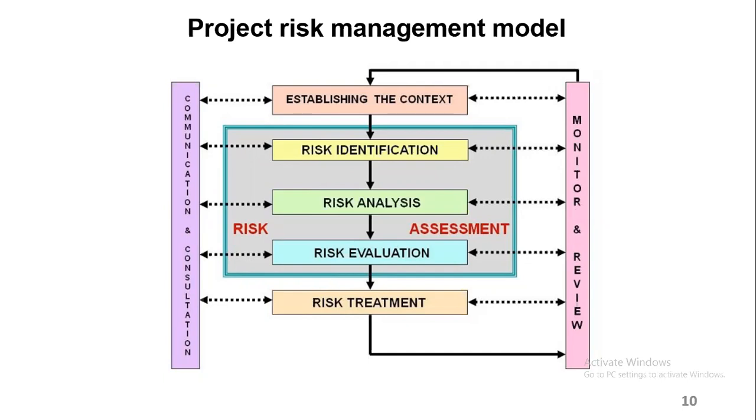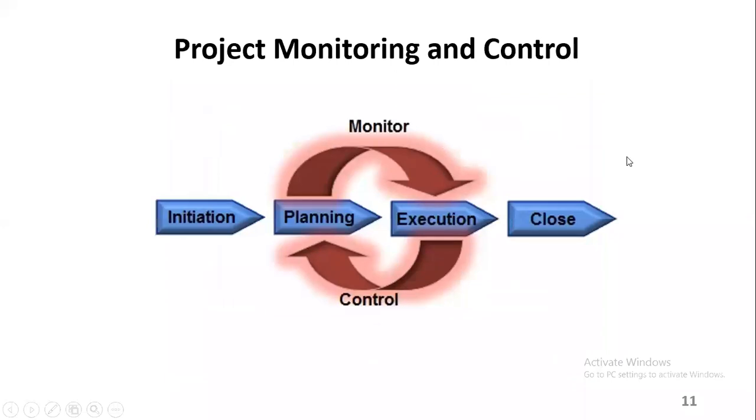When you're executing the project, you need to control at the same time. So you will not just do one thing alone. So it's cyclic. Okay, we can have a short break, and then you can come back to project monitoring and control. This will be the next section.